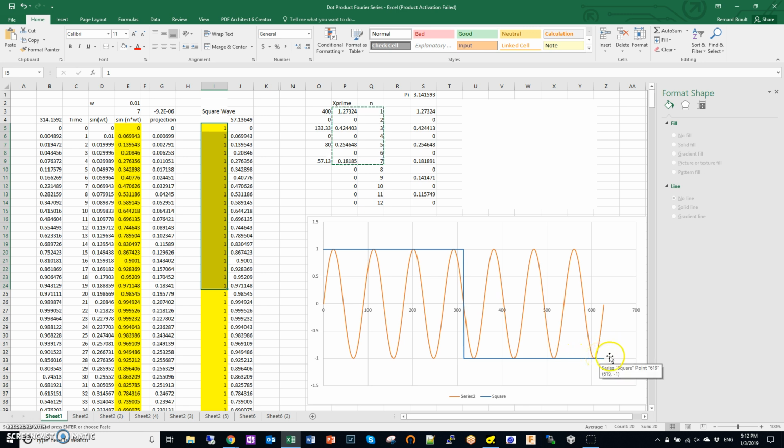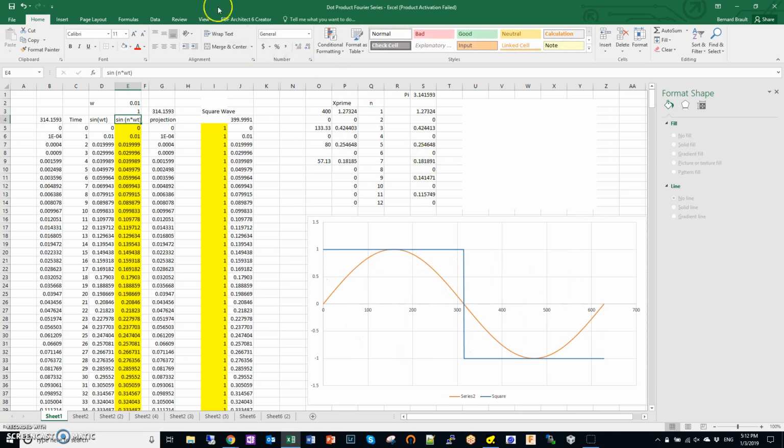Now I've got a sine wave here of multiple times a fundamental frequency. Here's a fundamental frequency. I'm going to put n equals 1, so this is n. When I put n equals 1, it gives me this frequency right there. And if you remember, the first coordinate of my Fourier transform is the projection.